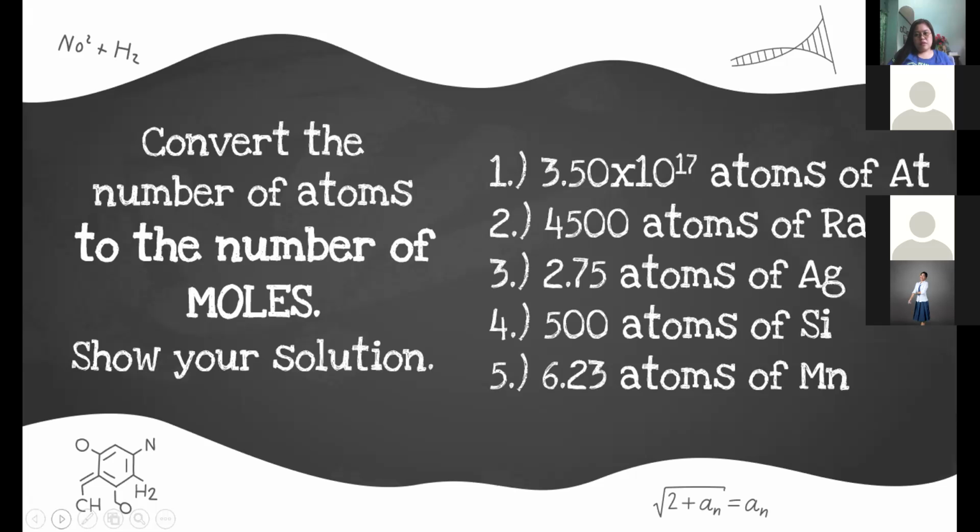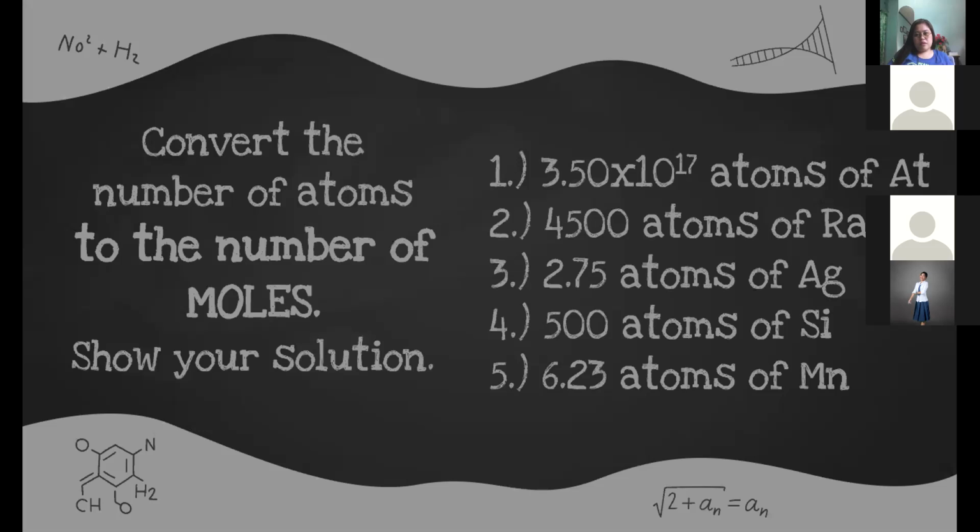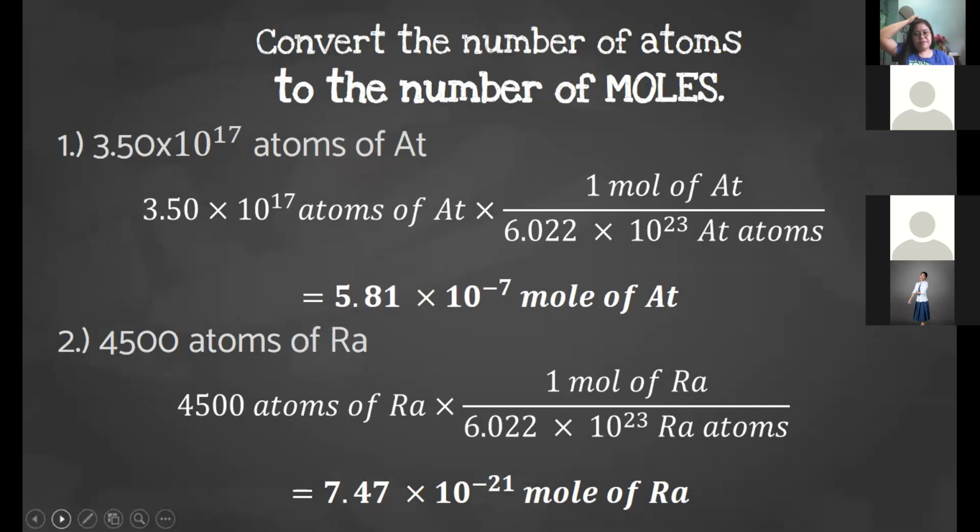So, the formula is 3.50 times 10 to the power of 17 atoms astatine times 1 mole of astatine over Avogadro's constant, which is 6.022 times 10 to the power of 23 atoms of astatine. So it is equal to 5.81 times 10 to the power of negative 7 moles of astatine.